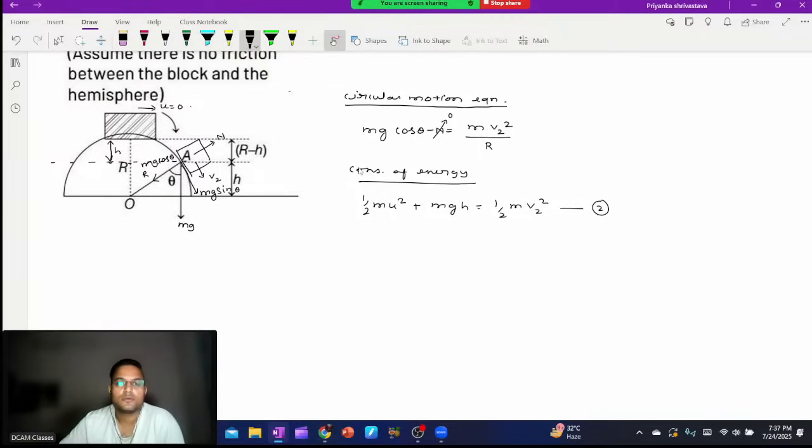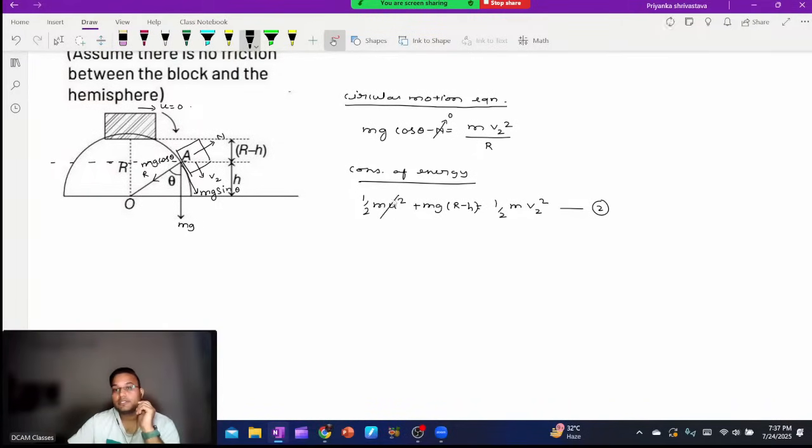It's up to you, whatever you want to do. If you want to take it like that, you can do it like that. They have given it this way, so I'll do it like them only. So plus mg into r minus h. H is r cos theta.